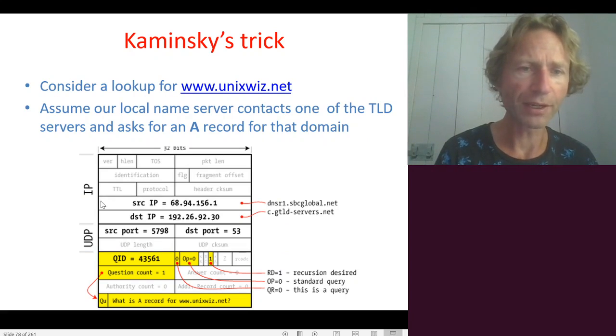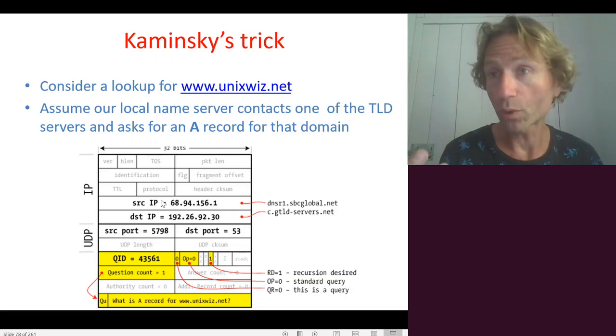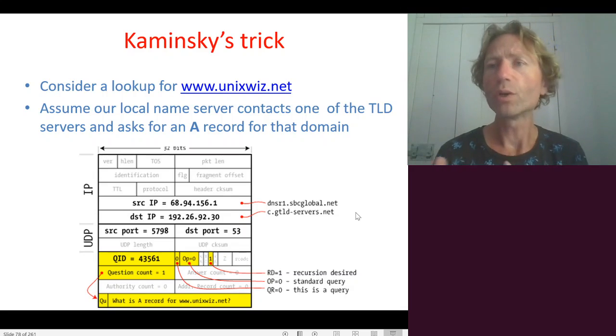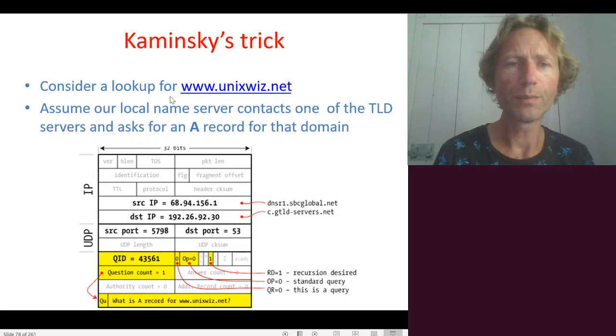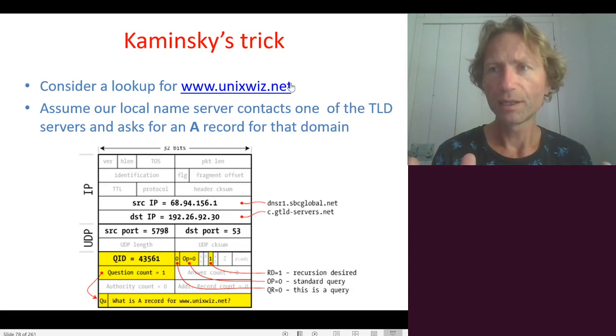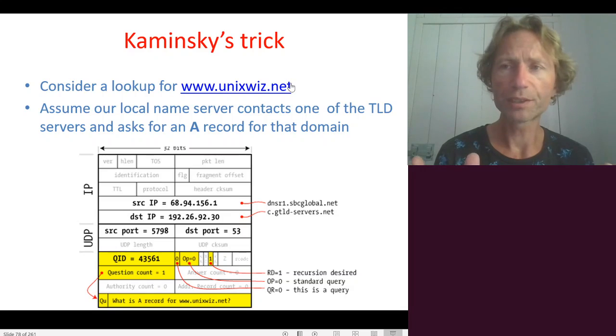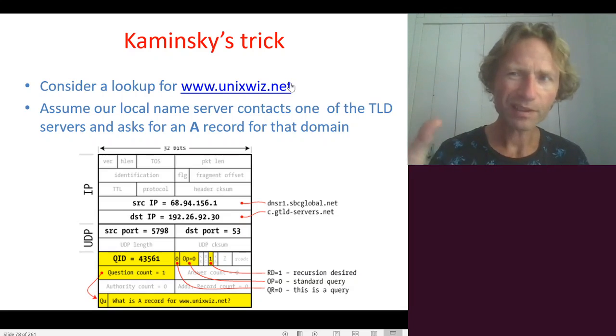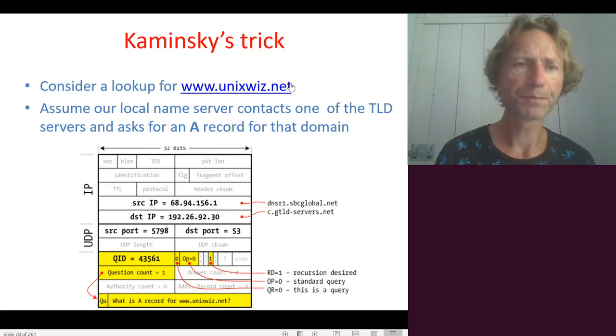Okay, so here's the DNS query. Again, we have an IP header which contains the IP address of the sender, say the local name server, and it has the IP address of a top-level domain name server. So we want to look up the IP address of, say, this symbolic name, www.unixwiz.net. Example taken from the internet.